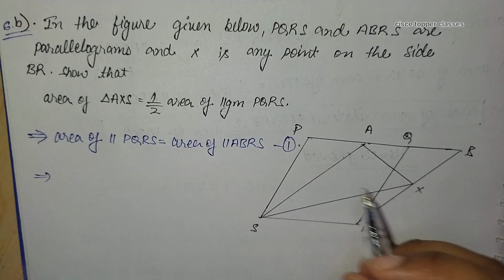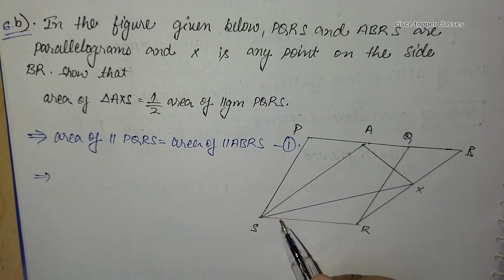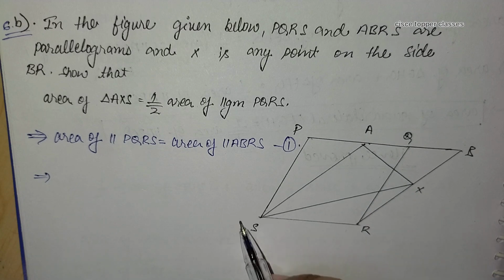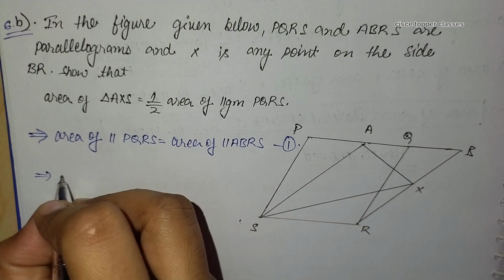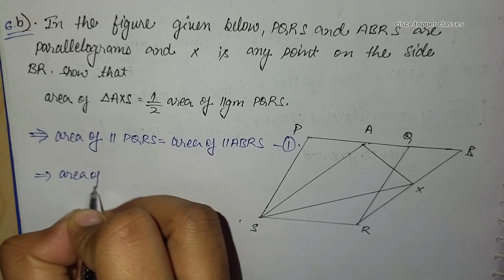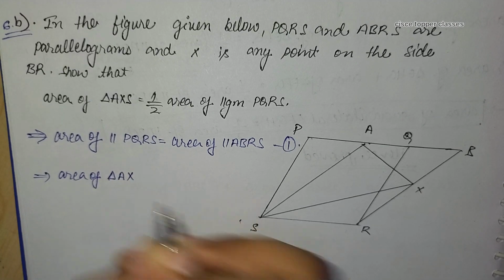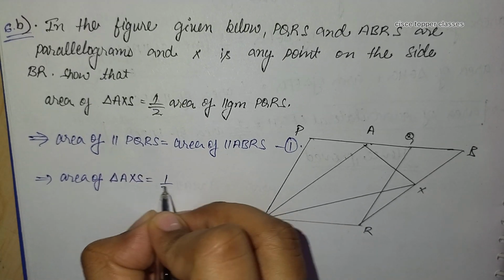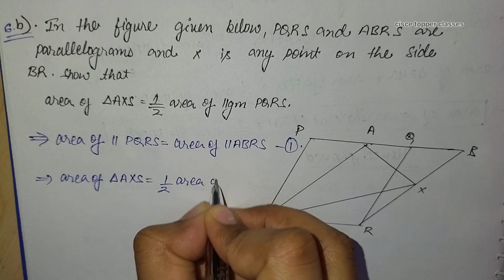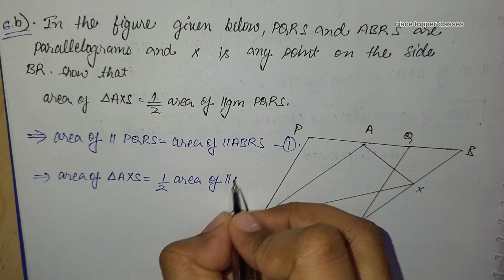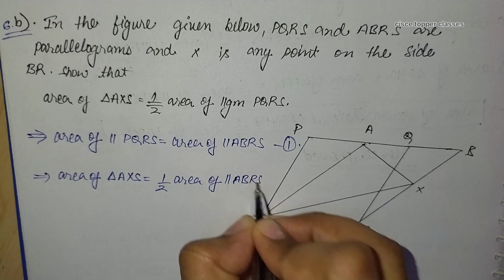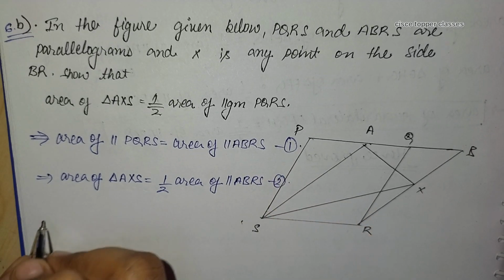Now we can simply say that ABRS is a parallelogram and AXS is a triangle on the same base and between the same parallel lines. So we can write area of triangle AXS is equal to half of area of parallelogram ABRS. Put it as the second equation here.